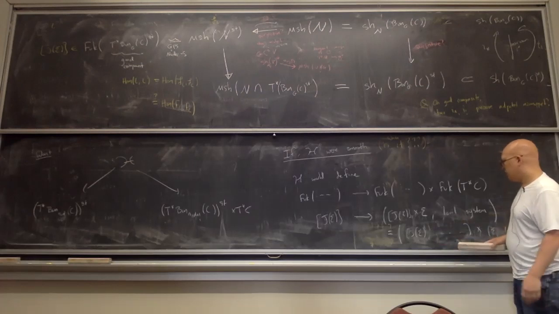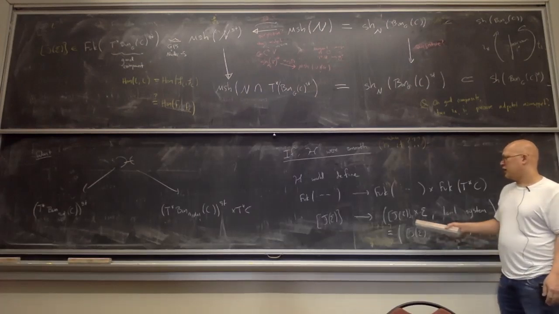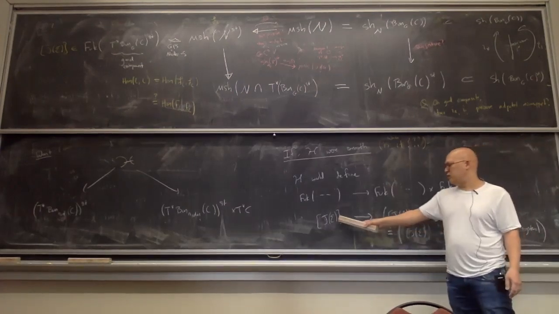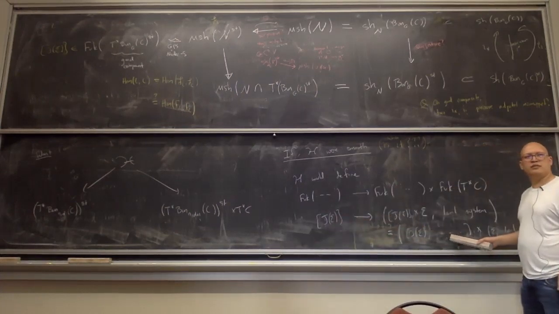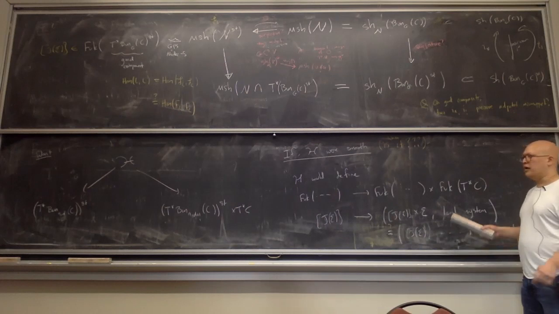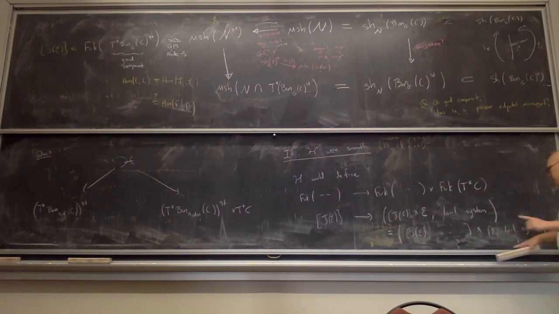Or more generally, if you have a rank 1 local system here, you would like to get the same rank 1 local system here. Okay, now we're getting closer to an eigenproperty.